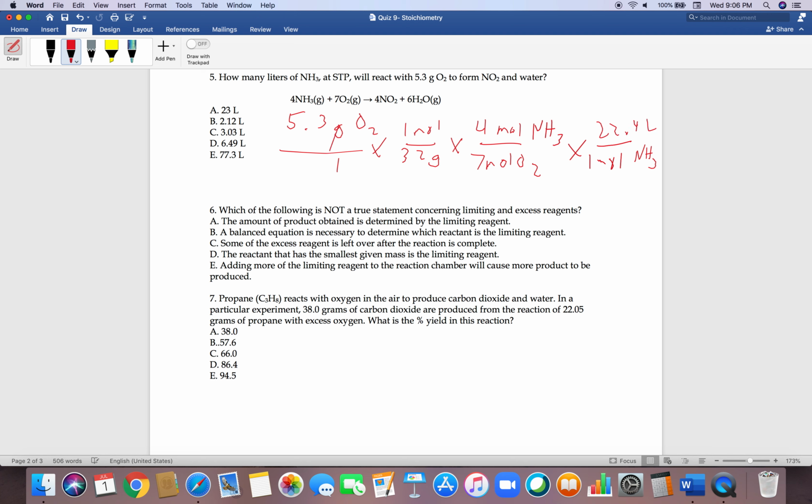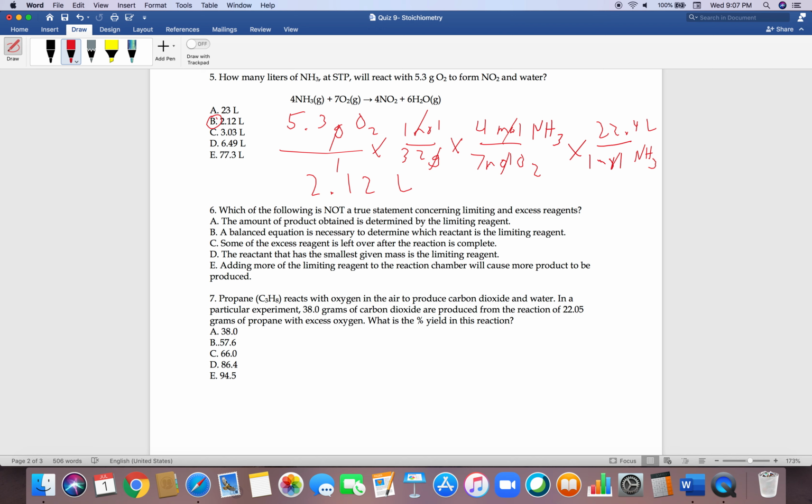So the grams cancel, the moles cancel, and we're left with liters. So we get, let's see here, do it on my calculator. We get 2.12 liters. So the answer here would be B.